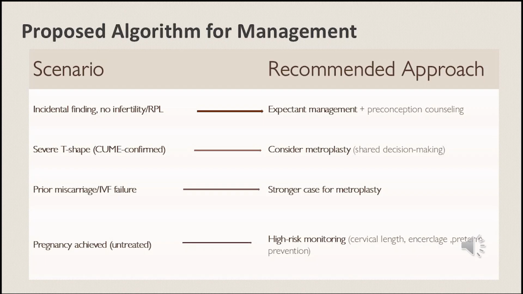If I have to summarize the clinical management, if you incidentally find a T-shaped uterus with no infertility or recurrent pregnancy loss, just expectant management with pre-conception counseling needs to be done. If severe T-shaped uterus, then consider metroplasty with shared decision making. Prior miscarriage or IVF definitely needs a metroplasty.